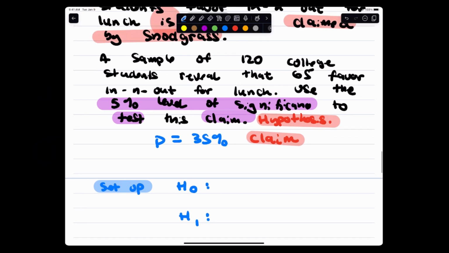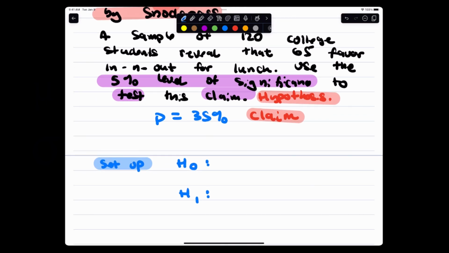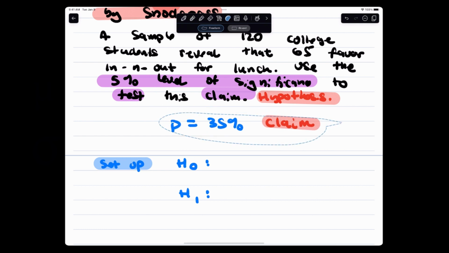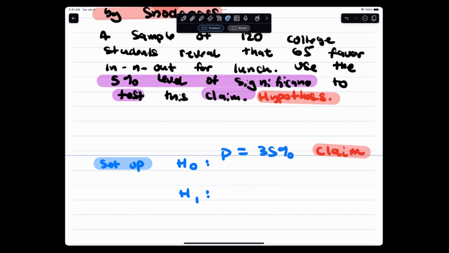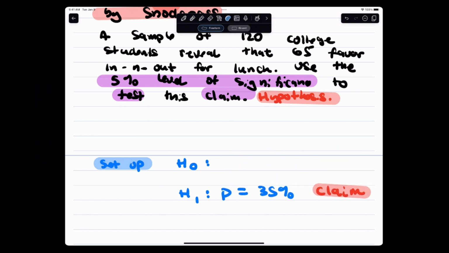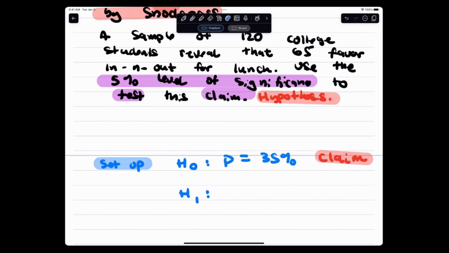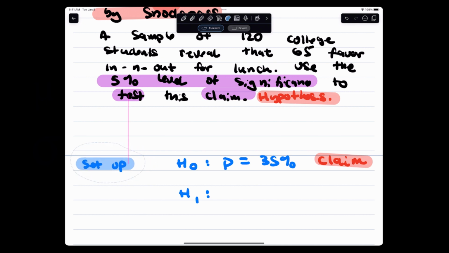Where in the world does this claim go, either as a null or as an alternate? Is it a null or is it an alternate? How do you know it's a null? It has equality. Yes, good job. That's how you know. Outstanding.